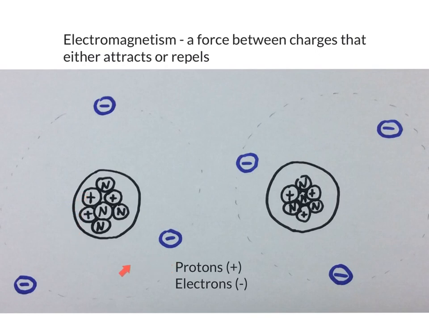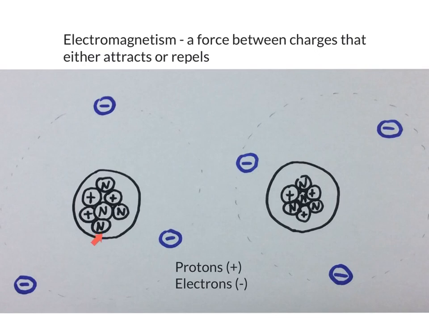So the protons are positively charged. And then the electrons are negatively charged, and they're way out here in the outer part of the atom. There's also something called the neutron, which you can hear the word neutral in there. Neutrons have no charge because they're neutral. We'll talk about why they're there later.